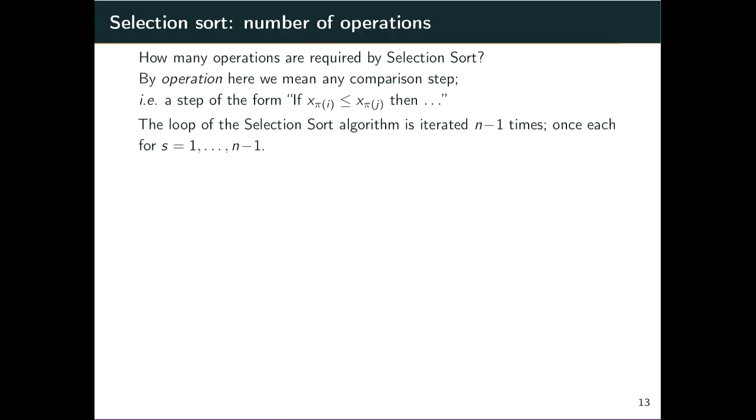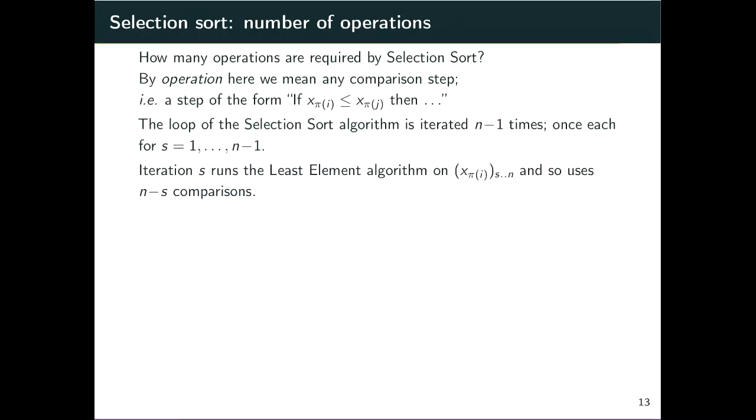So let's go through our selection sort algorithm. You'll notice that it happens n-1 times, because you just need to apply this sort of least element algorithm n-1 times. And so you do it once for s equals 1 up to n-1. And then the least element algorithm uses n minus s comparisons.